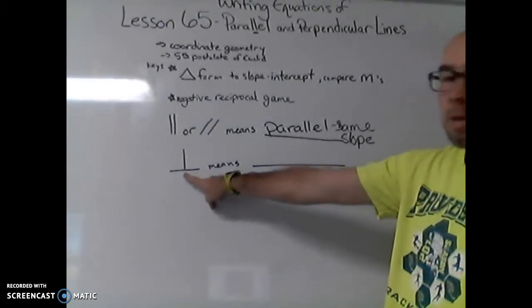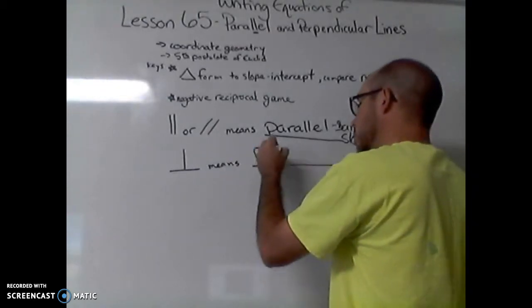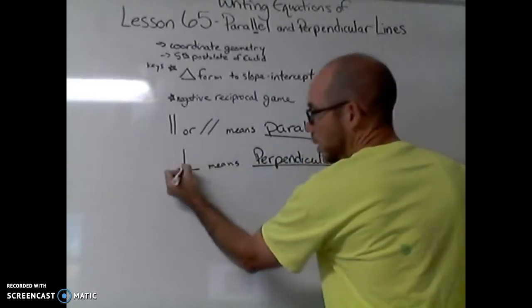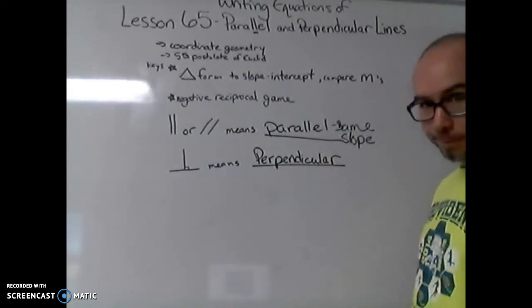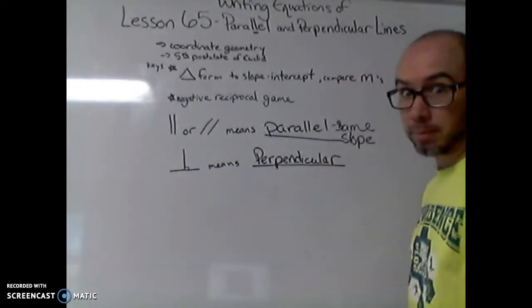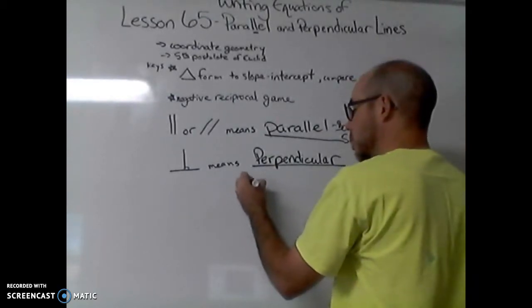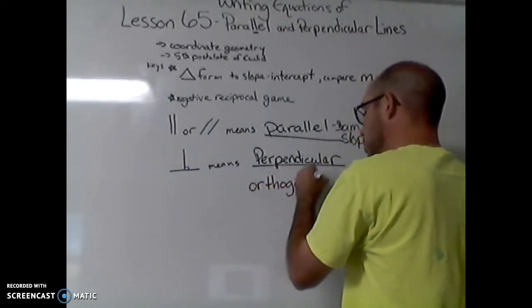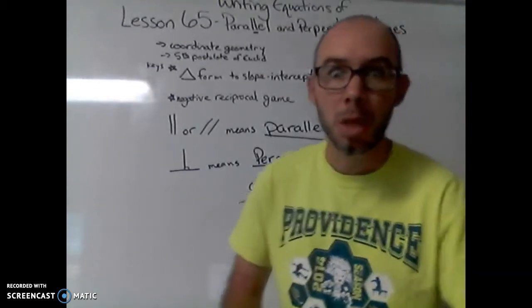And then this thing here, this upside down T business, means perpendicular. Perpendicular means that right there is a 90-degree angle. 90 degrees to each other. Perpendicular. Or another word that you might see sometime in math is called orthogonal, which I really like, but I try not to use that too much. I don't want to scare you too much, although I'm going to scare you.